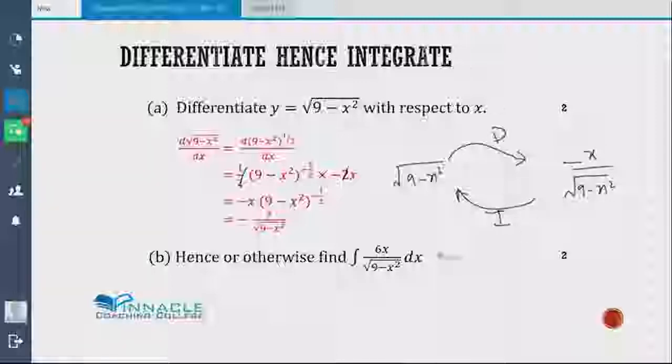So you're using this logic to make adjustments to the integral in the second part. In particular, you want to make your integral actually look like the derivative from the first part.